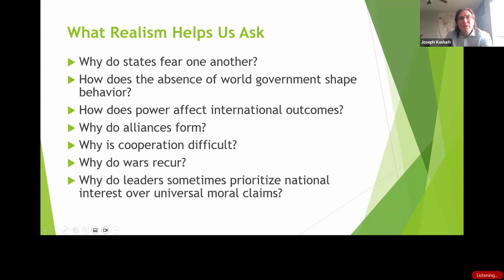So, when we think about realism, we should think of it as a way of seeing international politics, just like we did with liberal internationalism. Realism directs our attention to certain things: power, security, military capabilities, fear, uncertainty, alliances, state survival, and the limits of international cooperation.